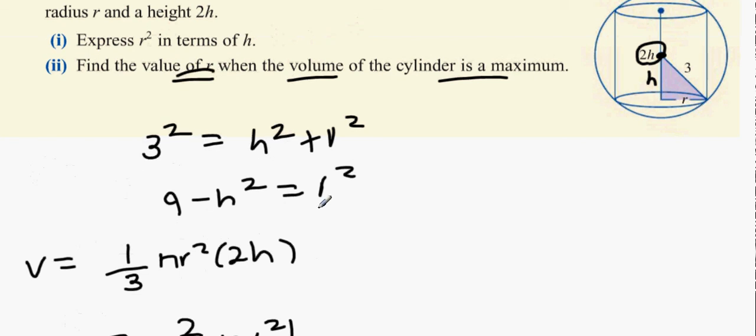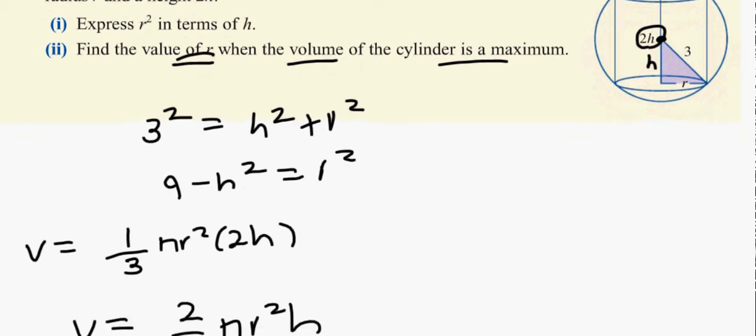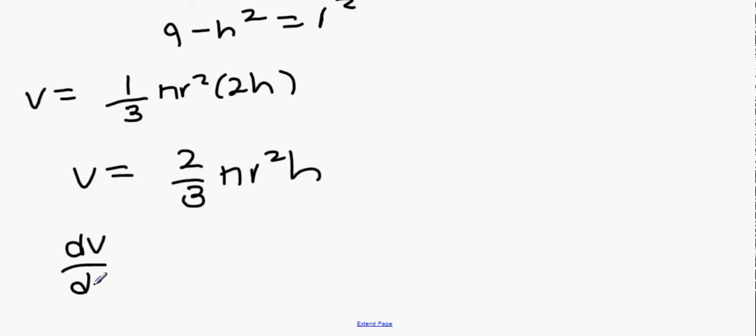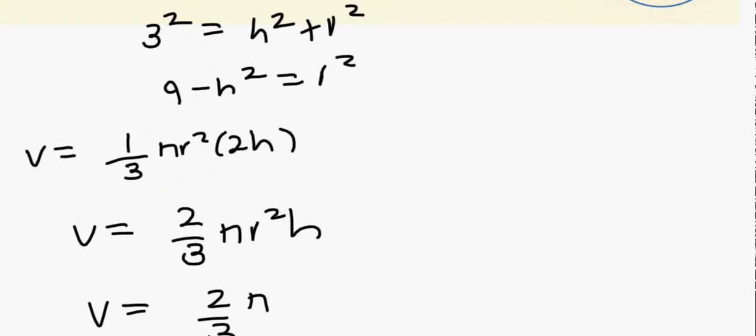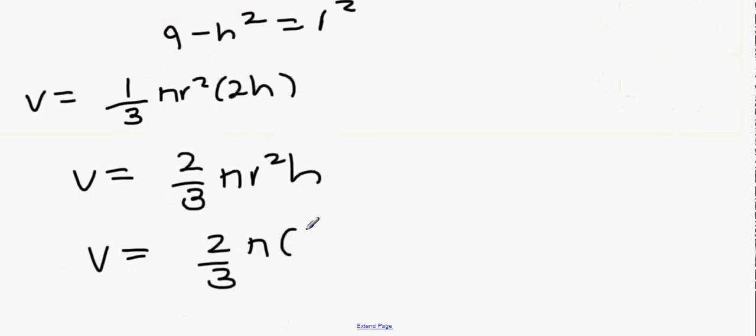We want the value of r, so I'm going to get rid of r squared. V is going to equal 2 pi times 9 minus h squared, times h.